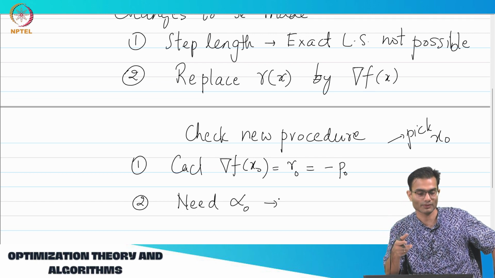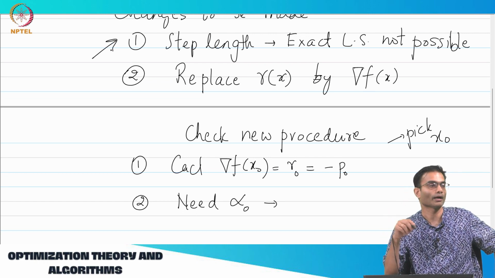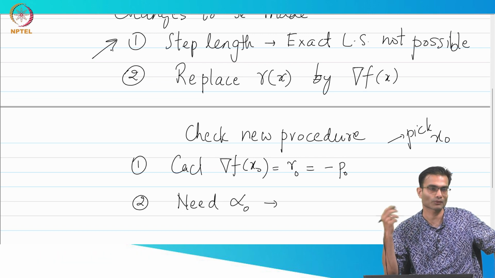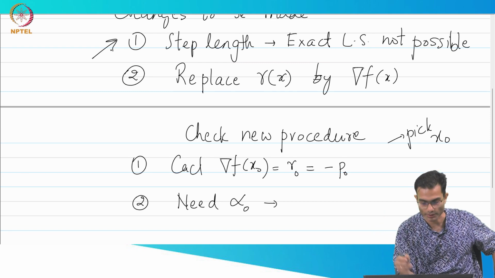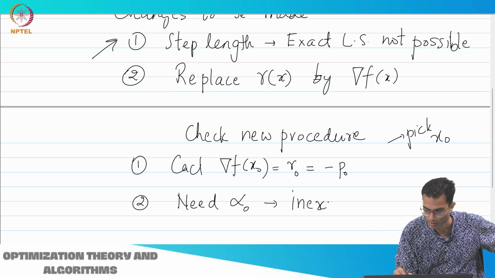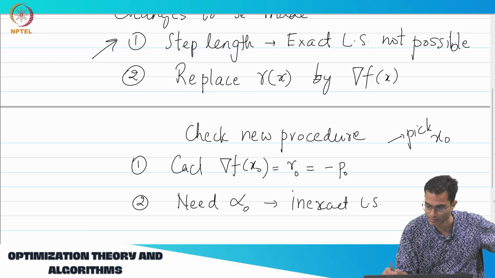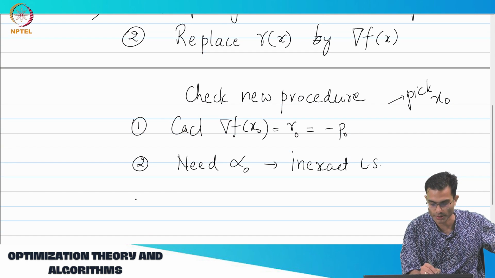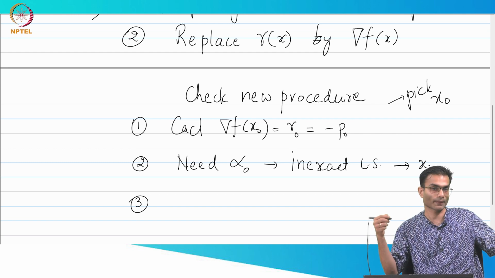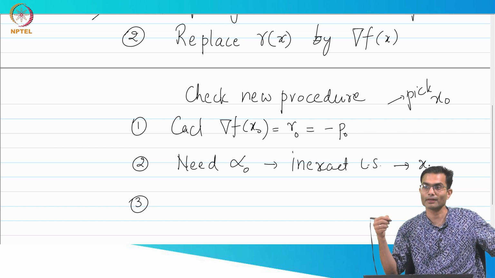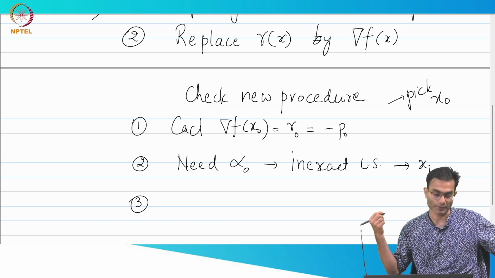I don't have an analytical expression for alpha, no problem. I replace it by a module of inexact line search. I can do that, right? Inexact line search, right? That took me to x1. Now I need to update my p, right?